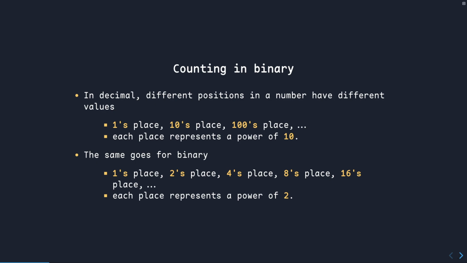And more generally, each place represents a power of 10. The same thing goes for binary, but instead of powers of 10, we are now using powers of 2, where we have the ones place and the twos place and the fours place and so on. And this makes sense because where decimal has 10 digits, binary only has 2, so we use powers of 2 instead of 10.